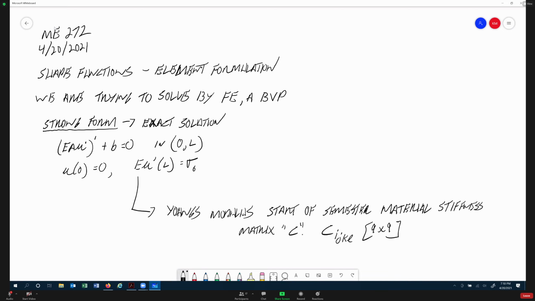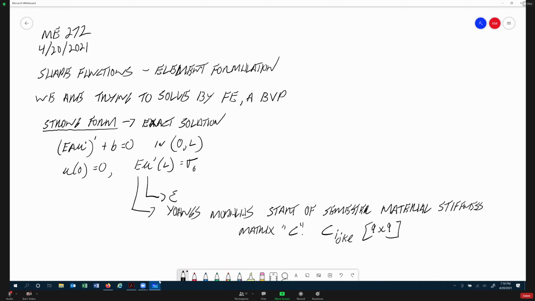Be substituted with that, right? It's a material stiffness. What is U prime? Strain. Yep. And what does the L mean? We're talking about strain where? At the end of our beam.